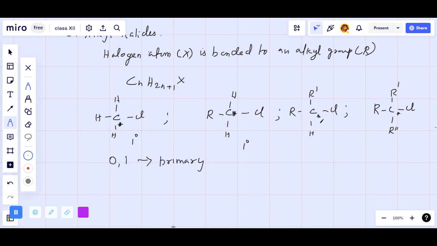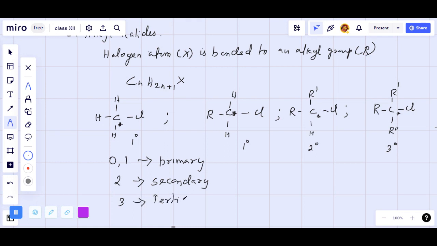Suppose the star carbon is attached to two carbons, then it is secondary. And this one is tertiary, because the star carbon is attached to three carbons.